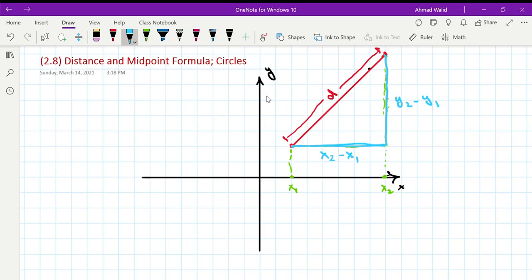Now, in school, I'm sure, starting grade 7 or 8, you saw this formula, c squared equals a squared plus b squared. Pythagorean theorem, correct?